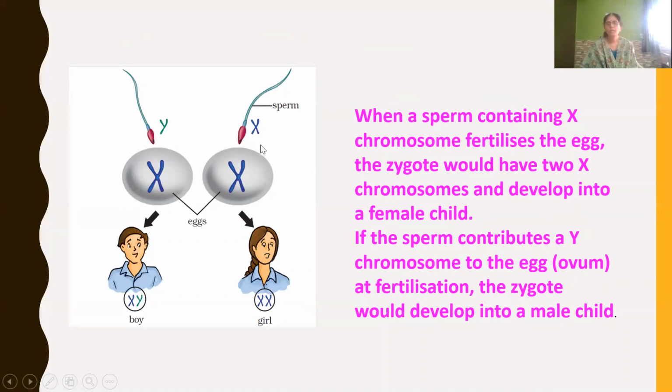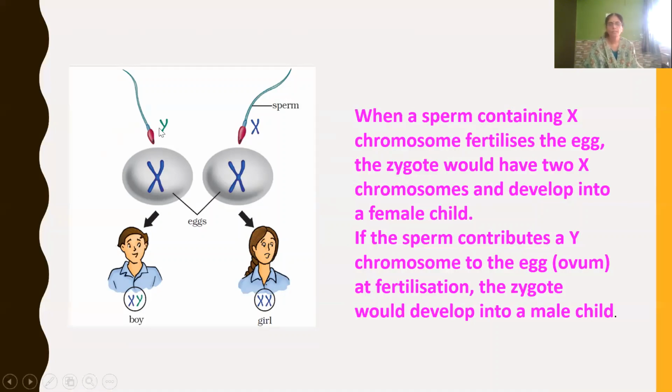When a sperm containing an X chromosome fertilizes the egg, which has only an X chromosome, the zygote will have 2 X chromosomes, 1 X from the sperm and 1 X from the egg. So we have XX. XX means female, so it develops into a female child.